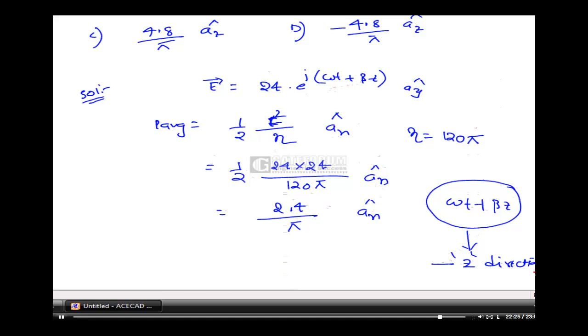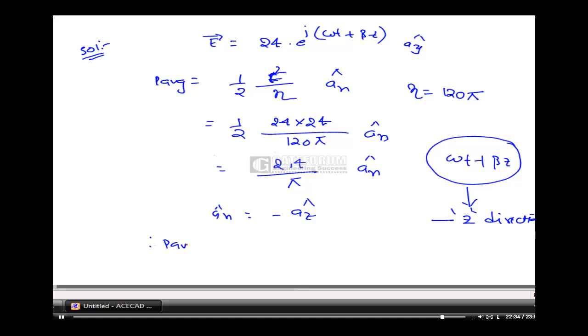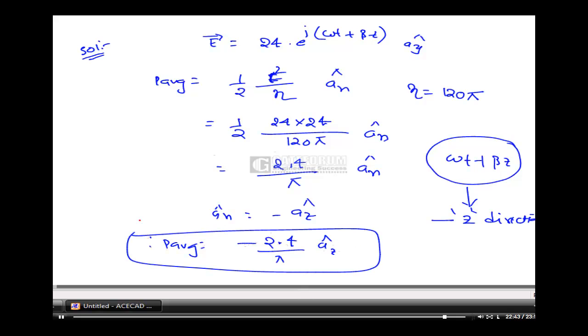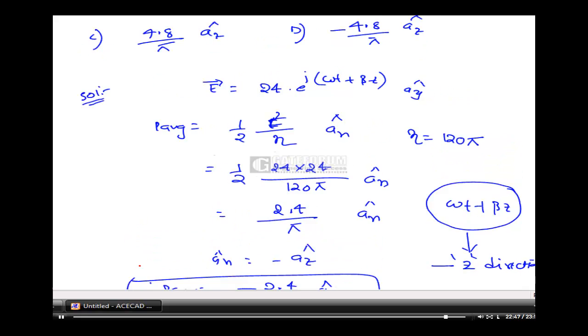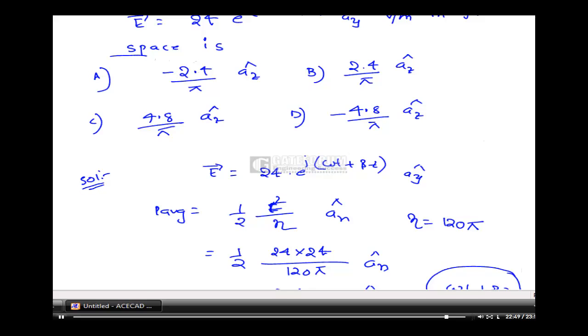Therefore An cap is nothing but minus az. Therefore average power is equal to minus 2.4 by pi az cap. So option A is correct. Option A is correct.